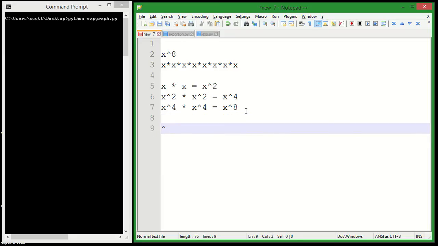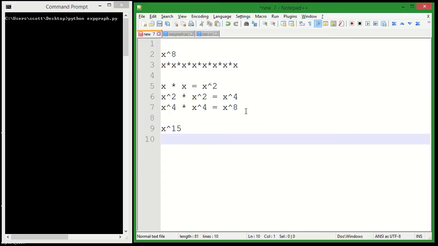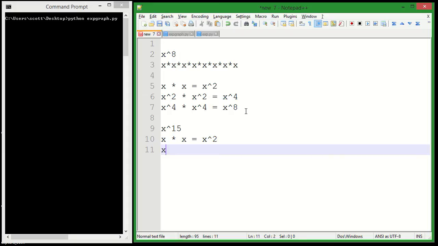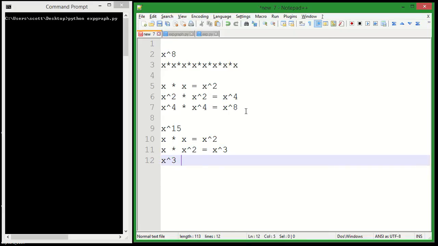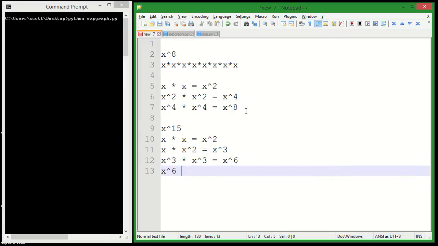Let's look at x^15. Now one way we can do this is we can do x times x equals x^2, and then we can do x times x^2 to get x^3. Then we can square that. So we'll get x^3 times x^3, which is going to equal x^6. We can square that to get x^6 times x^6 equals x^12.